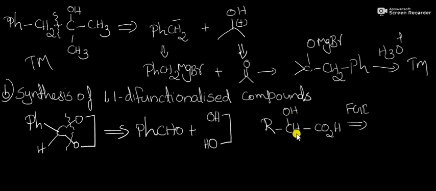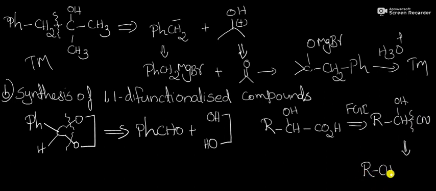This can be prepared by functional group interchange. This CO2H group can be converted into cyano group, that is RCHOHCN. Then on disconnecting we get our starting materials.